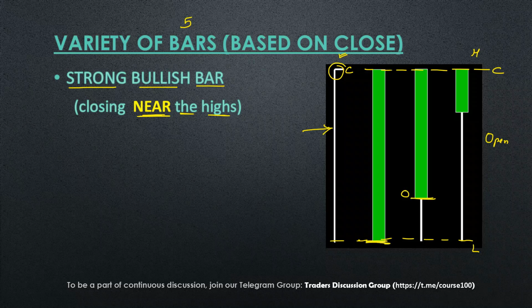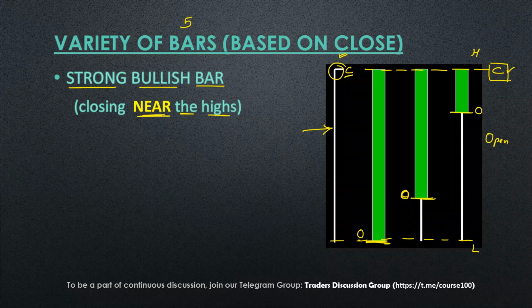In the second case, my opening price was here, and in the third case, I'm taking the opening price here. The opening price may give you what happens after the candle opens, or after that particular time frame starts ticking. But the most important thing is the close. At the end of that time frame, where did my price reach?